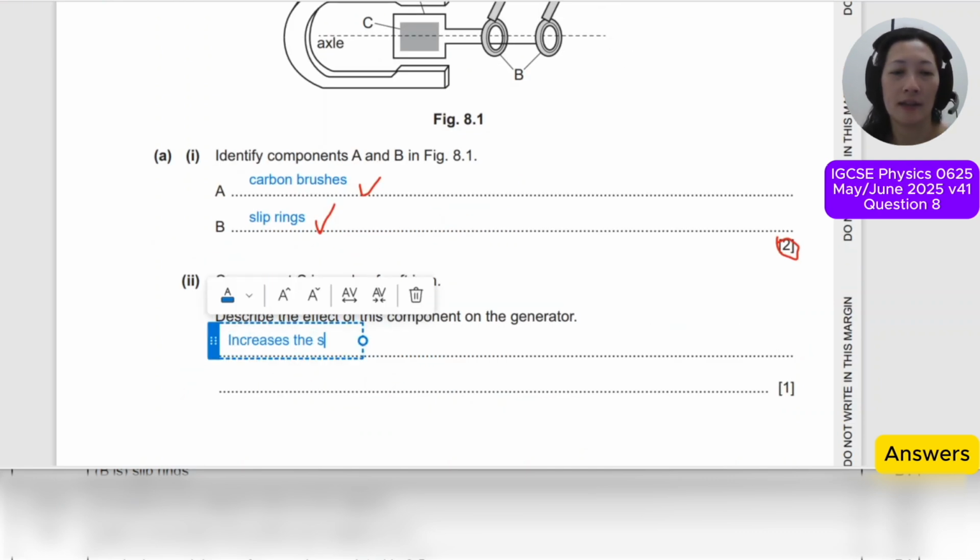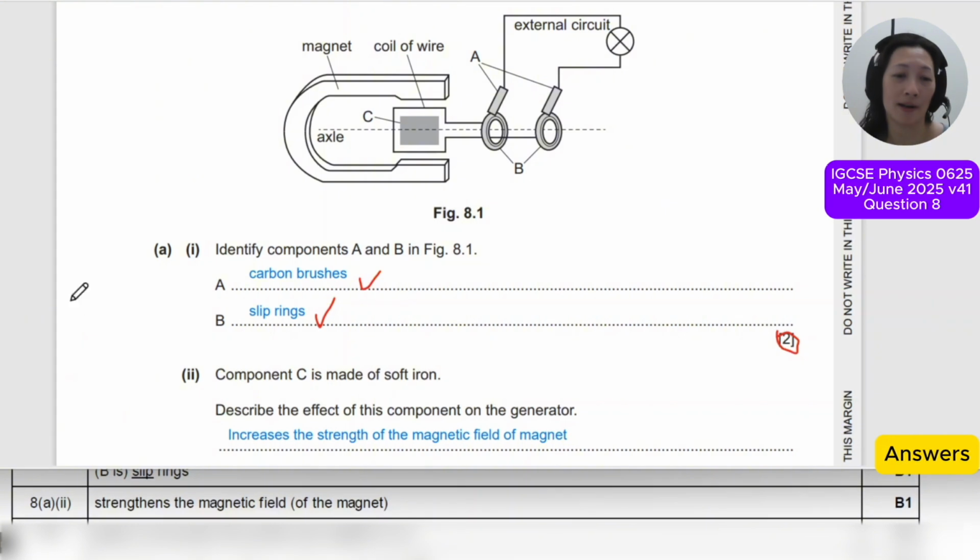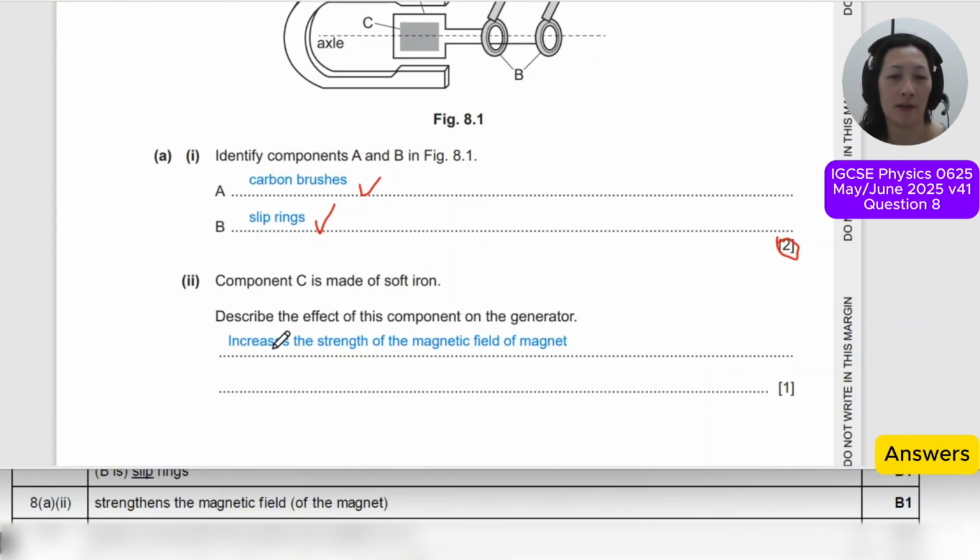Increases the strength of the magnetic field. In this case, we can specify that it's of the magnet because there's a magnet here. So the soft iron is able to increase the strength of the magnetic field and able to increase the efficiency of the AC generator. So let's look at the mark scheme. Strengthens the magnetic field of the magnet, which is pretty much the same thing as what we said here. So that's how we can get the 1 mark for this question.